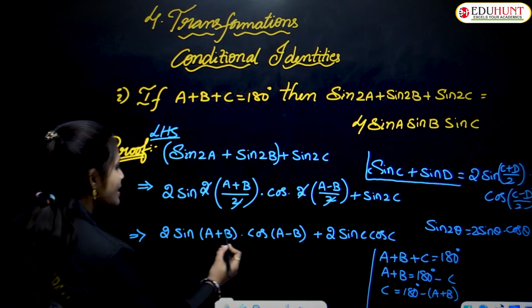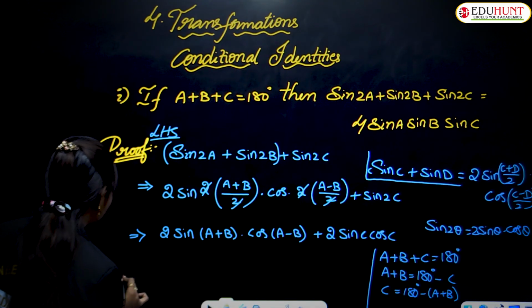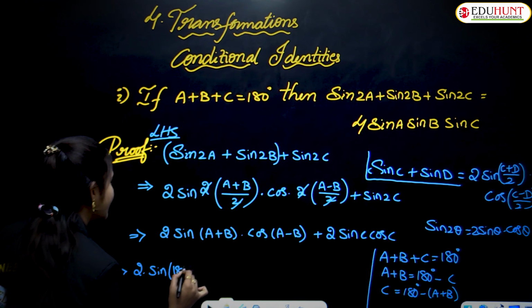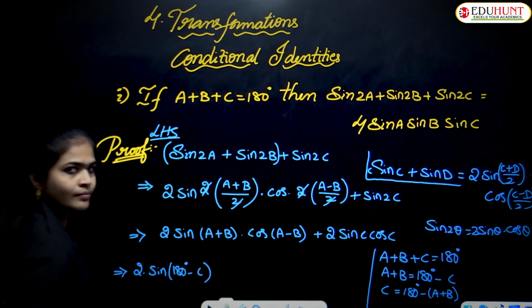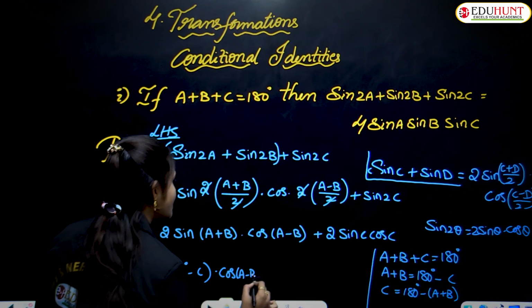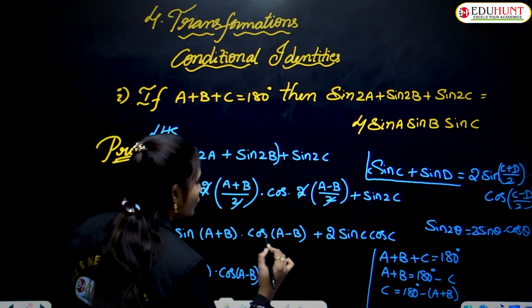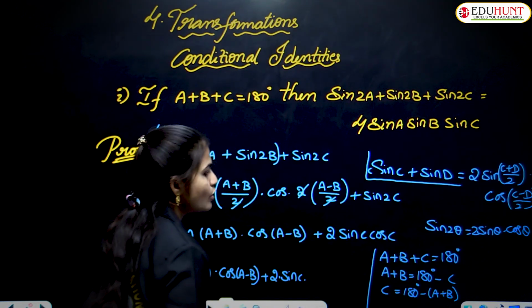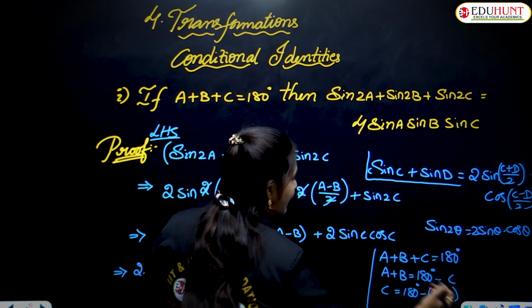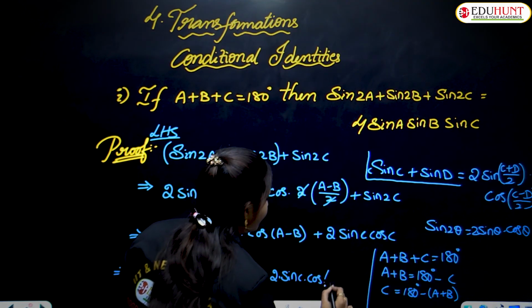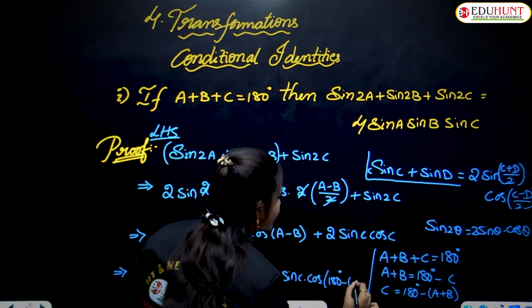So in place of A plus B we write 2 into sin of (180 degrees minus C) into cos of (A minus B), plus 2 into sin C into cos C. And cos C means in place of C we write 180 minus (A plus B), so cos of (180 degrees minus (A plus B)).